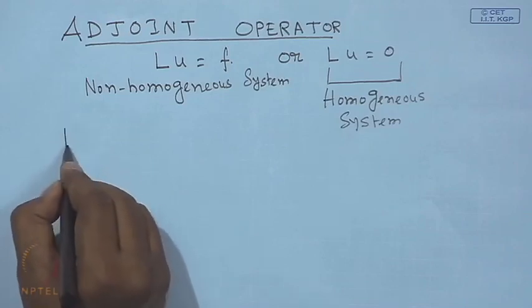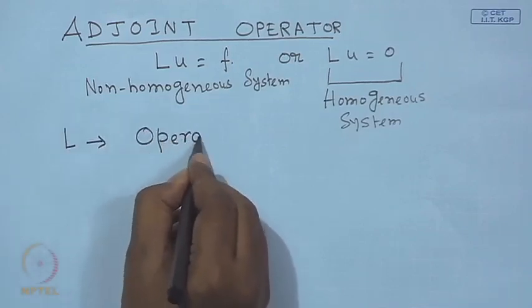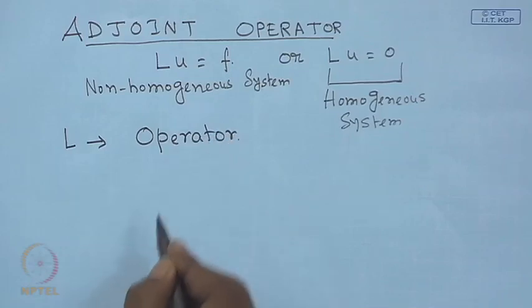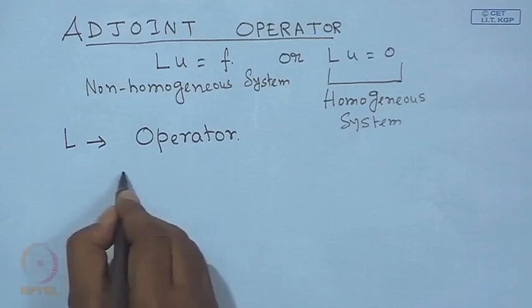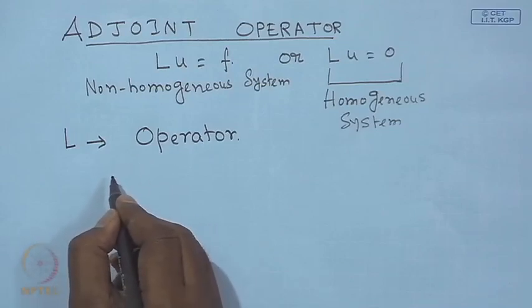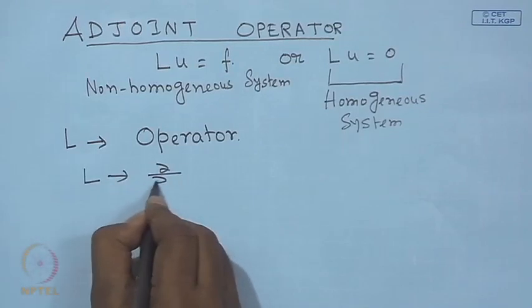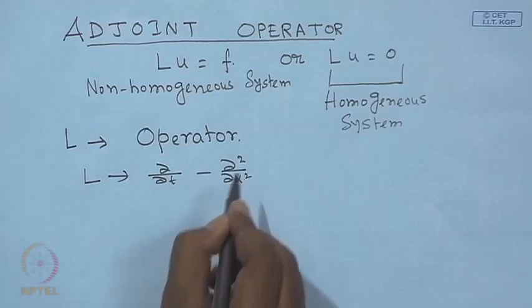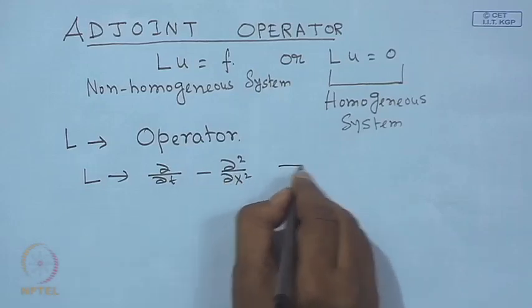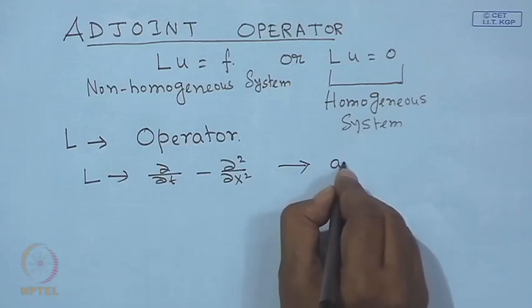Now, where L is the operator, okay. Now, this operator will be the differential operator. It may be del by del t minus del square by del x square. Okay. So, this is a typical operator to characterize an unsteady state system.